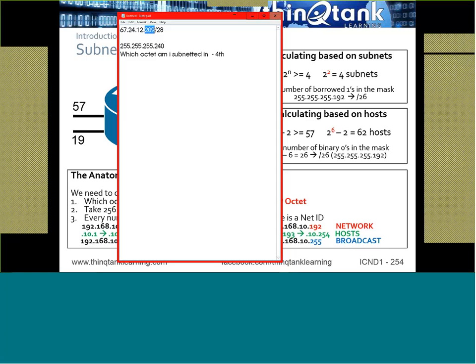You don't change the host, you change the mask. So you would have to borrow 2 additional bits. Your /28 would become /30 because you follow the formula: 2 to the power of n equals the number of subnets, where n is the number of borrowed ones. The resulting networks you have to figure out.